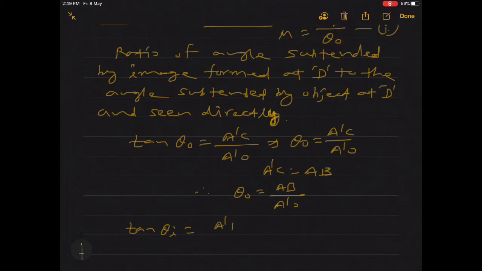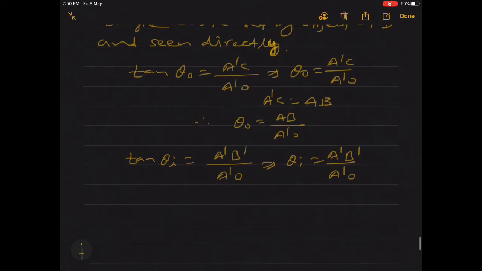Tan theta I is equal to A dash B dash upon A dash O. So theta I is equal to A dash B dash upon A dash O. If you replace for theta I and theta O in equation 1, then what will we have?